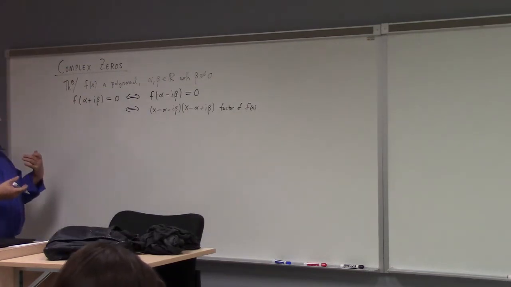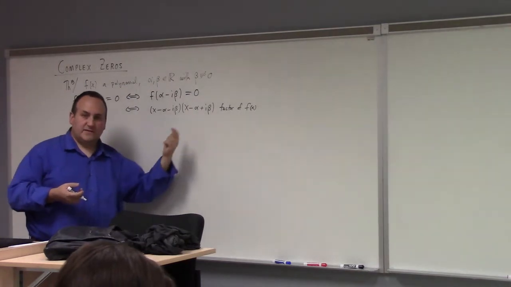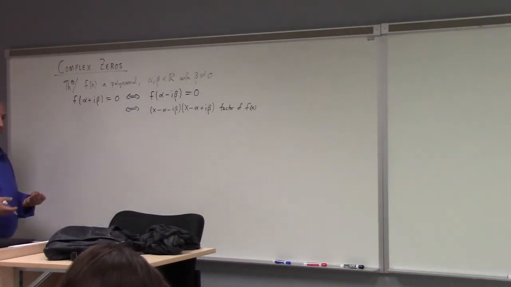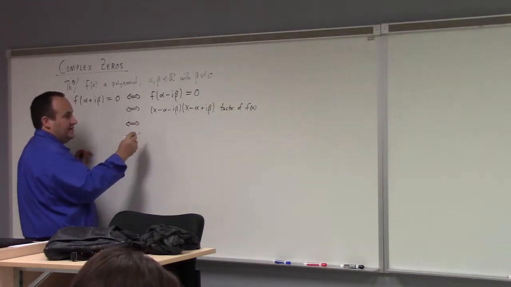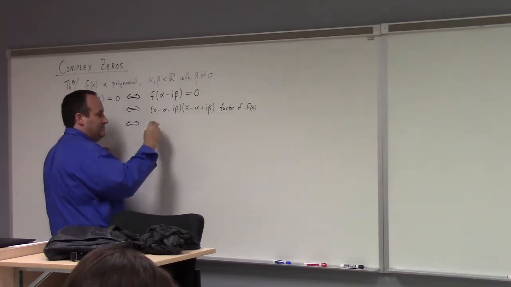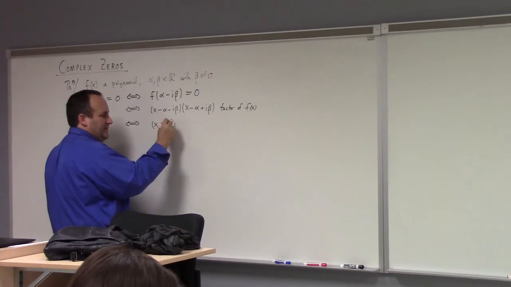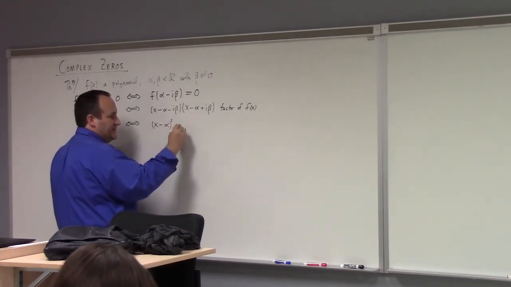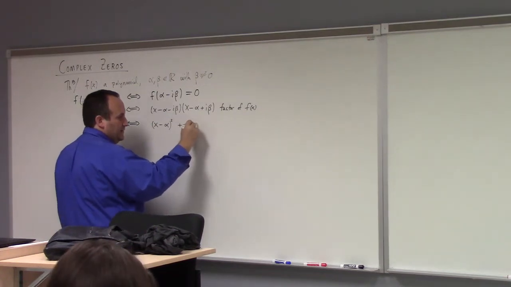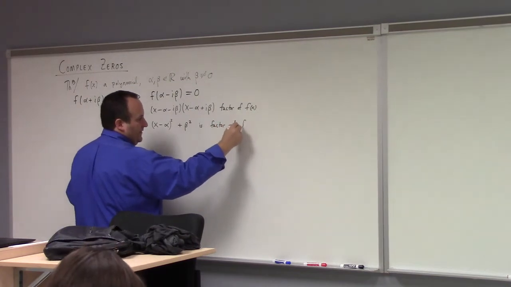So if those are zeros, then the factor theorem applied to this one and applied to that one give you these two factors in the factorization of the polynomial. Still, I've not gotten to the punchline. The thing that's really, really useful to us is what I'm about to write here, which is that when you multiply this out, I'm just going to get straight to it, there's like one algebra step I'm skipping here, but this multiplies out to (x - alpha)^2 + beta^2 is a factor of f(x).